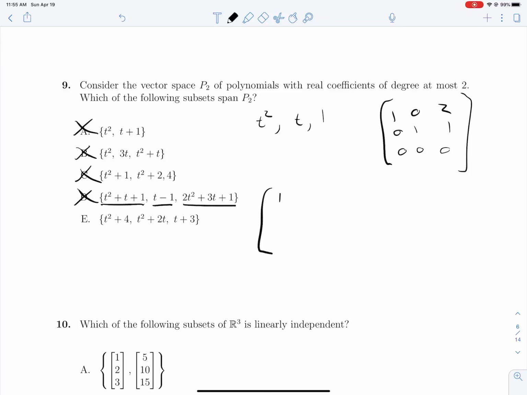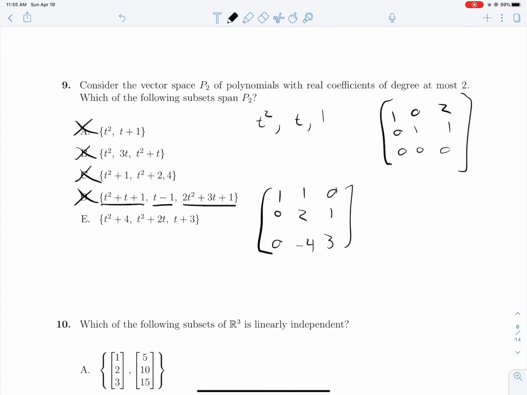Setting up our final one, 1, 0, 4, 1, 2, 0, and 0, 1, 3, we can row reduce this, subtracting 4 row 1s from row 3, 0, negative 4.